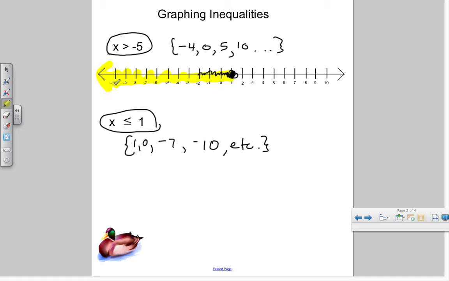And I do the arrow as well, showing that it continues on in that direction. Please notice that you could use a highlighter is fine, but the closed circle is key. So here I'm using a closed circle to show 1 is included.